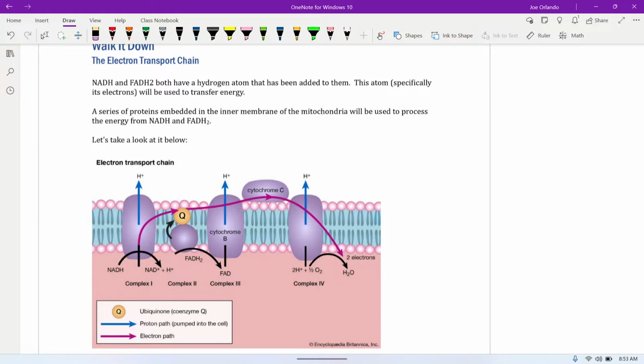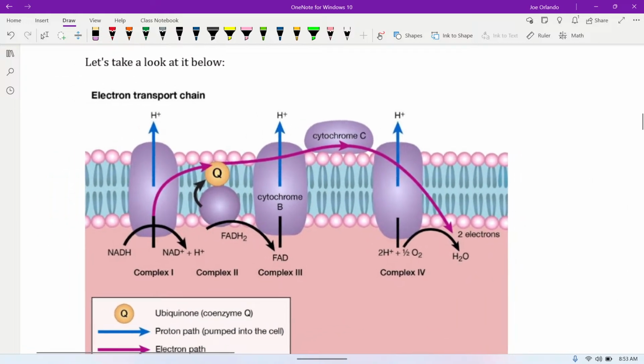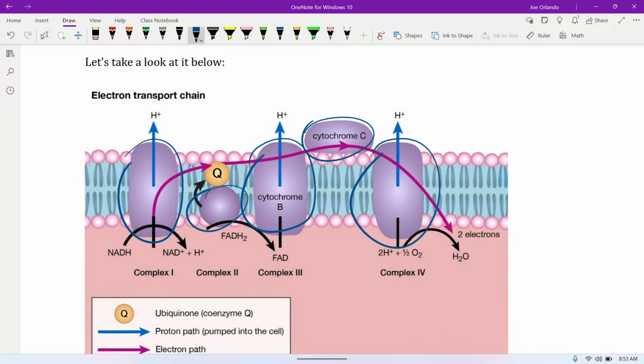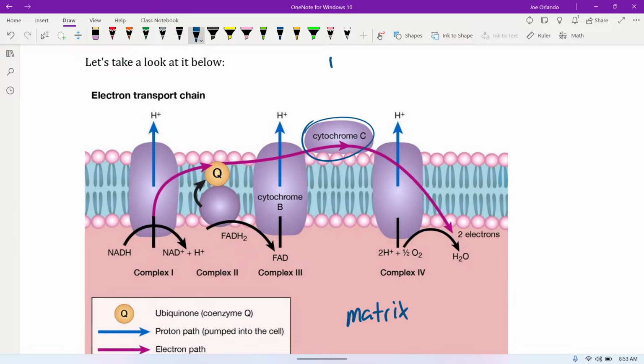There is a series of molecules embedded in the inner membrane of the mitochondrion. And down here is the matrix, and up here is the intermembrane space.